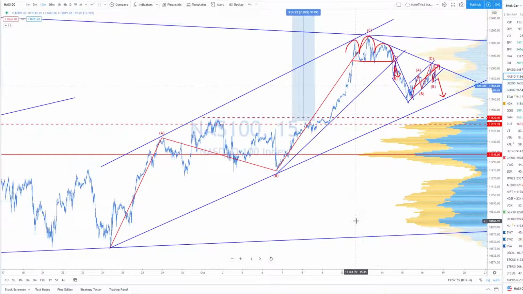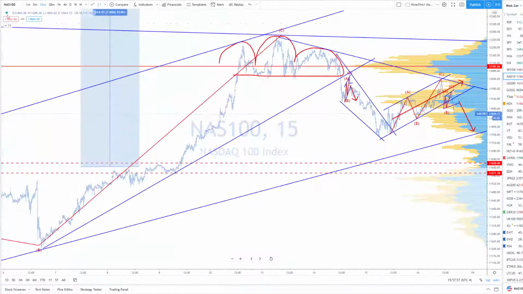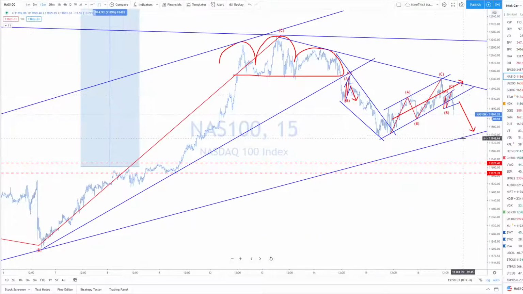Which is, let me take these things off, which is down here. Okay. And come Monday, we'll probably test it. And it looks really nice because it coincides with the previous low. Okay.